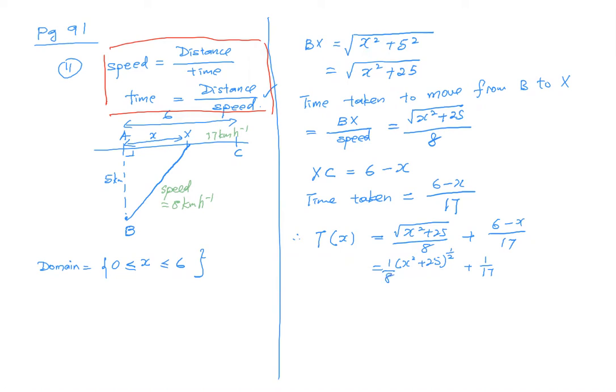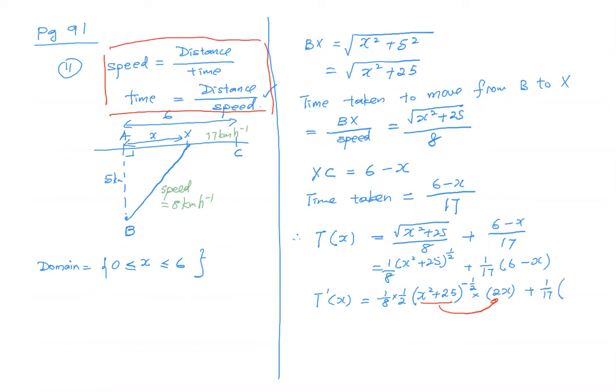Then you differentiate. Write down the constant, bring down the power, copy down the whole thing. Power, take away 1. Cannot stop there. Times by the derivative of this one, that is 2x. Plus, continue.